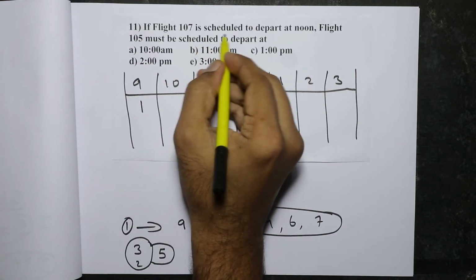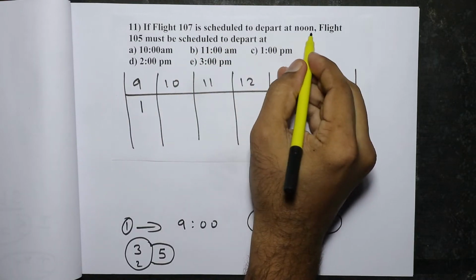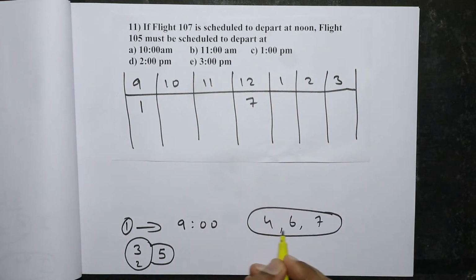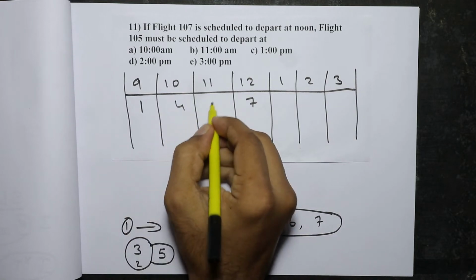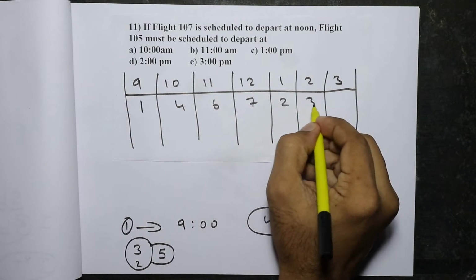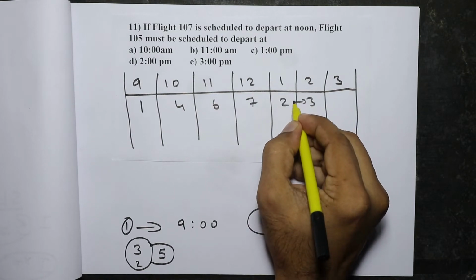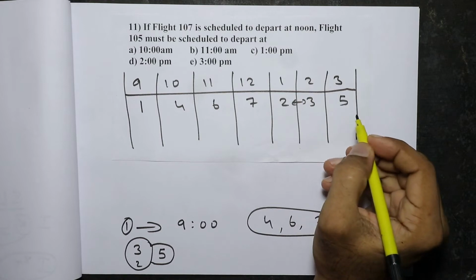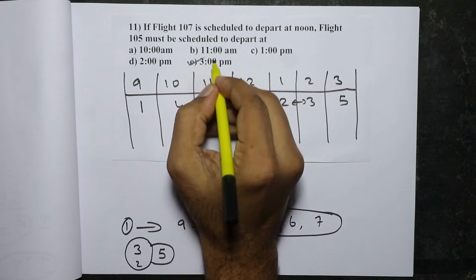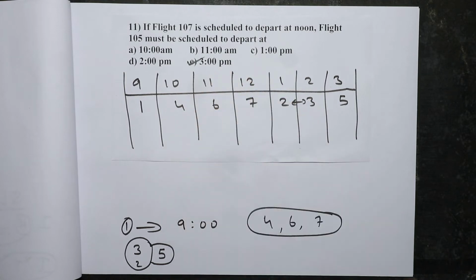Then flight 107 is scheduled to depart at noon, that is 12 o'clock. 7 has to be here. Now 4, 6 and 7 in this order, so it will be 4, 6 and 7, so that this condition is satisfied. Now after 2 and 3 there should be 5. So 2 can be here, 3 can be here, 2 and 3 can be interchanged, and then 5. So 5 should depart at 3 pm. So option E, 3 pm is the right answer.